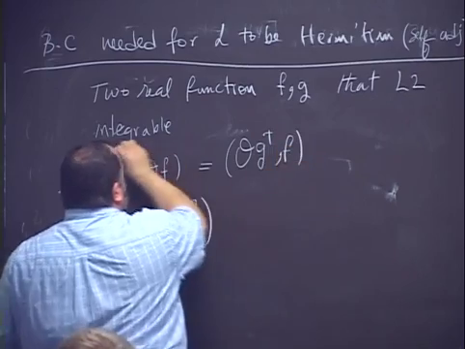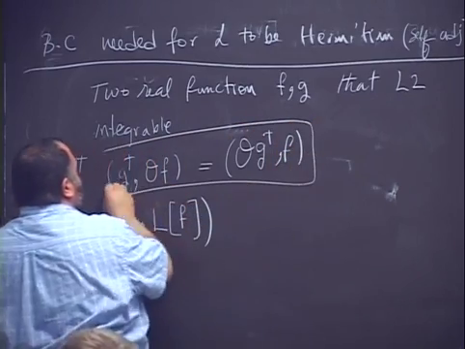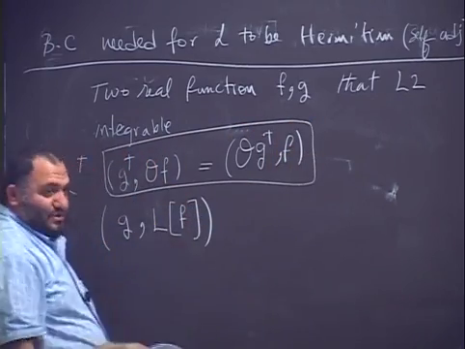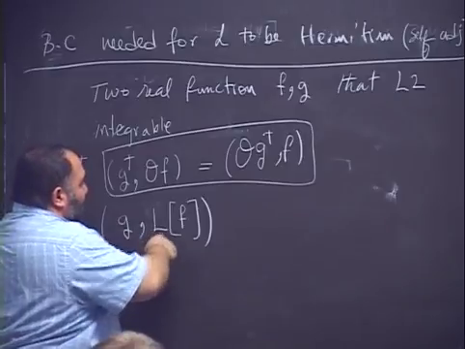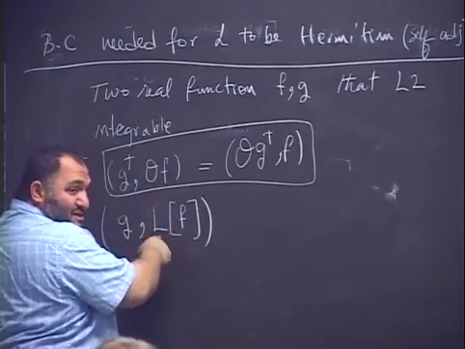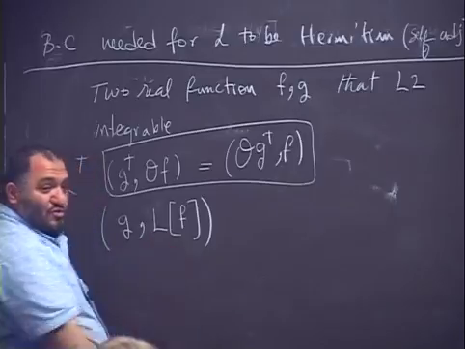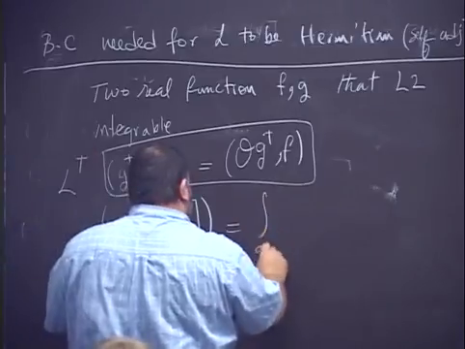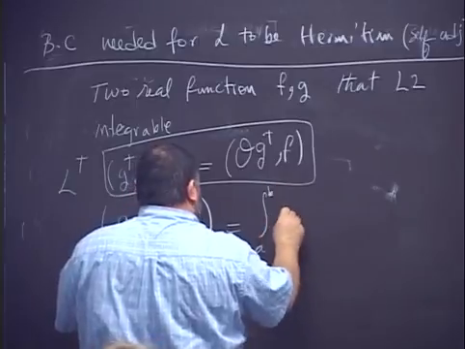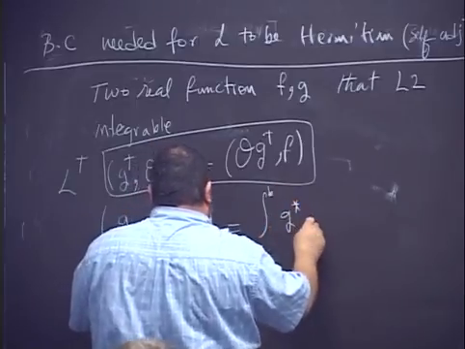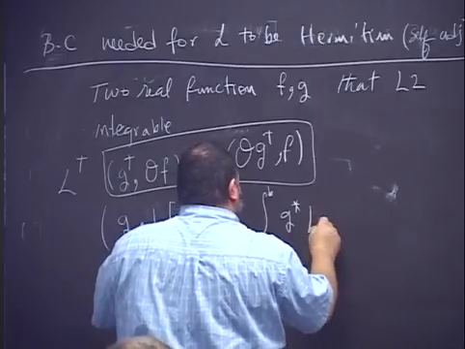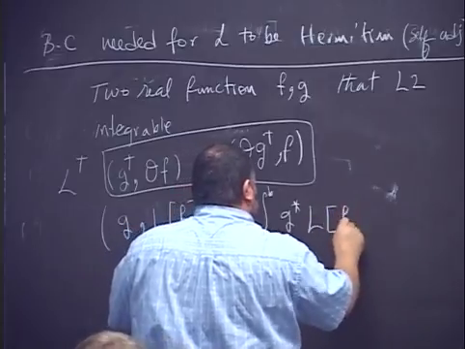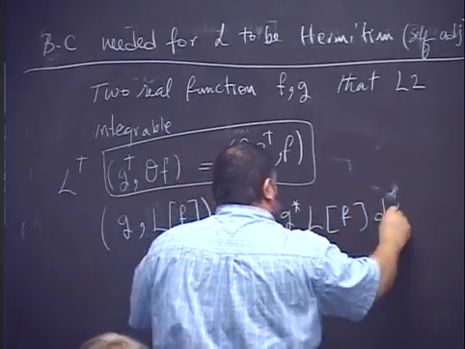This was the definition for the adjoint operator, and we stated that this should be O dagger operated on g and f. Now, instead of O, the operator is L operated over f, and this will give us the integral from a to b of g star of x multiplied by L operated over f dx.